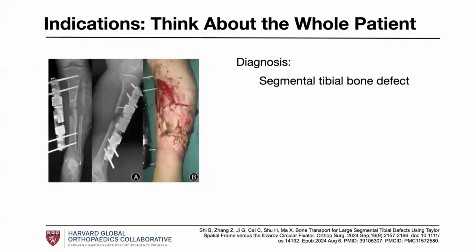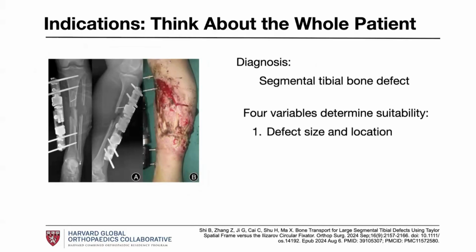So our indications, it's really important to look at the whole patient. Every one of these patients is going to have a segmental tibial bone defect. Four variables are going to really determine the suitability for bone transport. These include, but are not limited to, the defect size and exact location, whether it's proximal or distal or mid-diaphyseal.